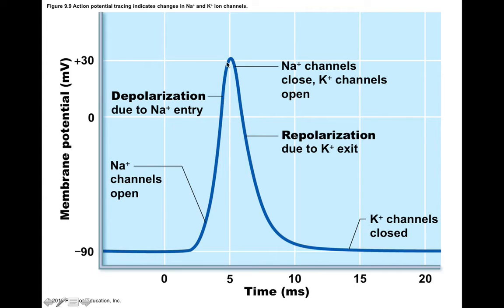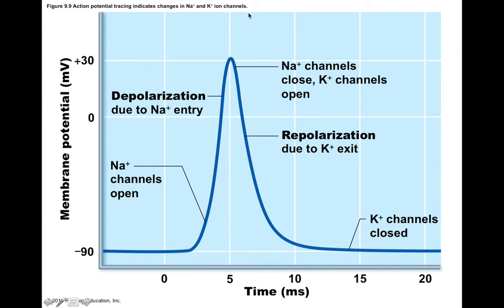And then near the peak of the action potential, voltage-gated sodium channels close, and voltage-gated potassium channels now open. Due to an efflux or exit of potassium, the voltage inside our muscle cells becomes more negative because now you're removing positive charges. And that efflux of potassium brings the voltage back down towards a resting state. And this little blip in voltage is the action potential.